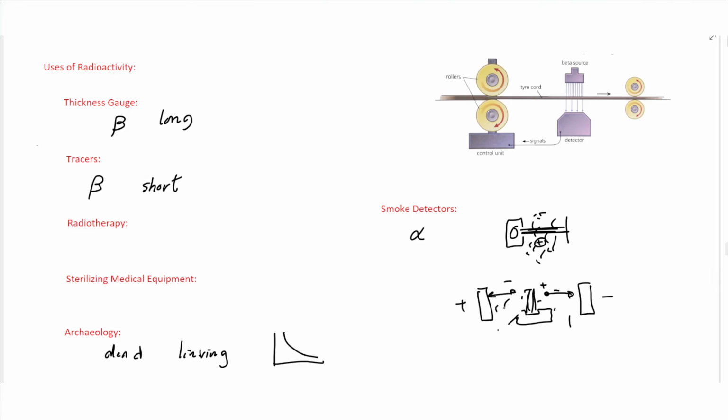So the current is created when the smoke is detected, or the smoke blocks the current when it is detected. But we use alpha particles also because they have high ionization. We can use that high ionizing power to detect the current or the change in current.